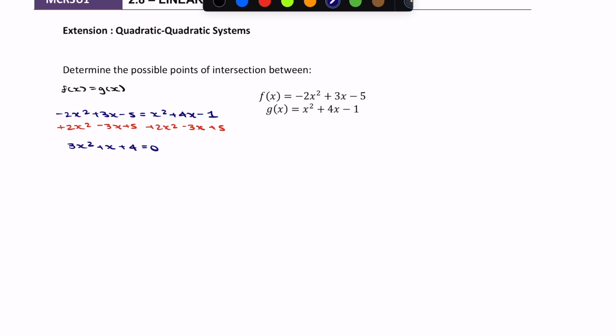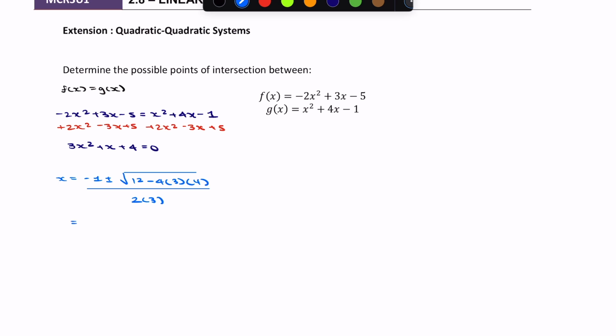So here, if we try to put it into our quadratic formula, we have x is equal to negative b, so negative 1, plus or minus the square root of b squared, 1 squared, minus 4, a, which is 3, c, which is 4, over 2 times 3.